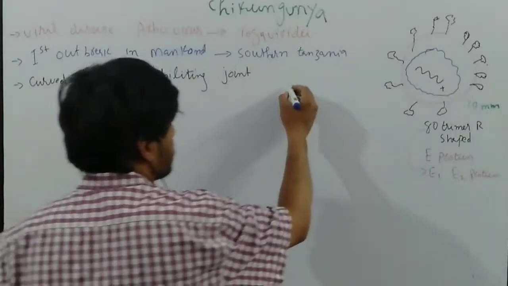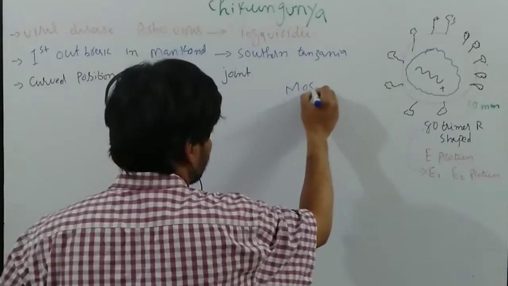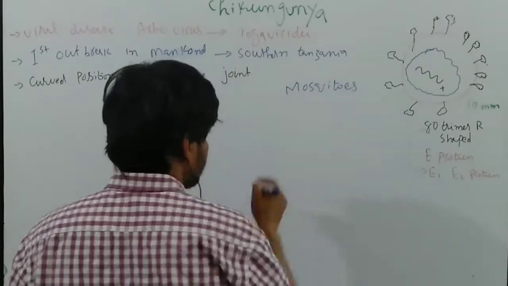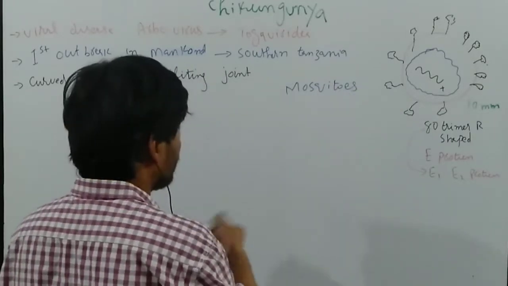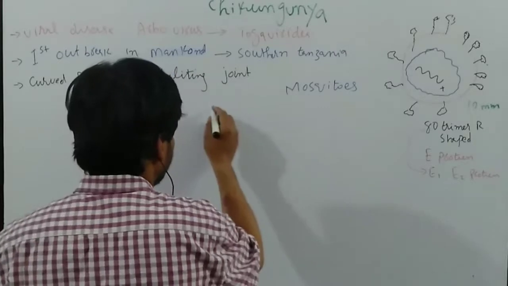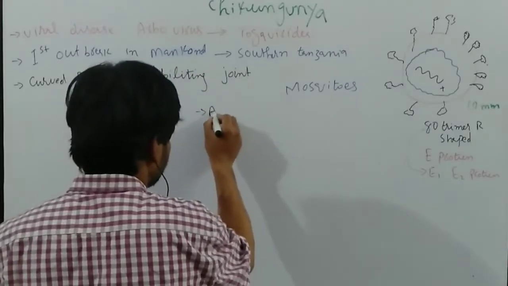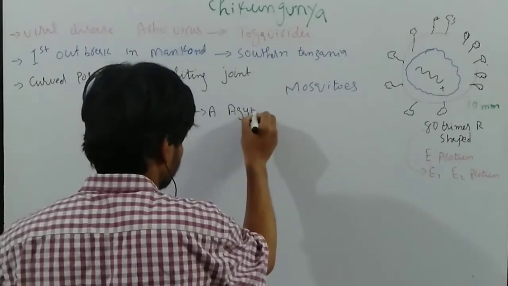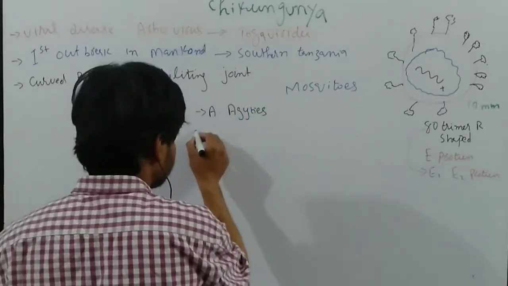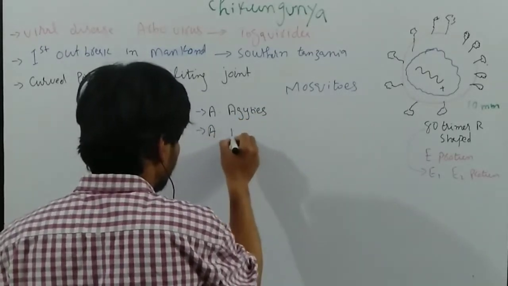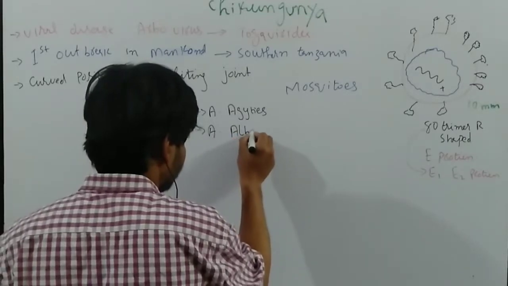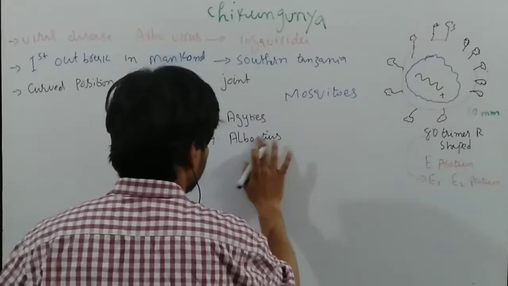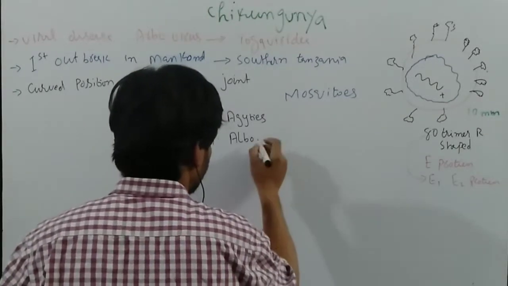If we talk about the mosquitoes, we have Aedes aegypti and Aedes albopictus.